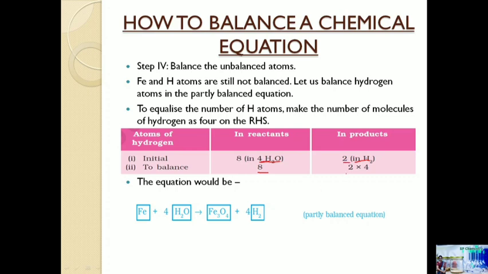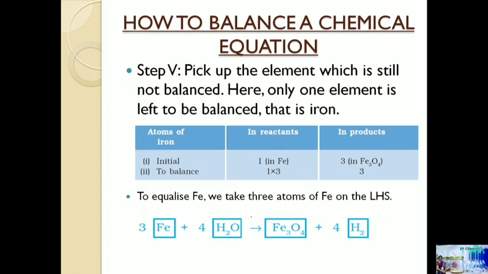So to make it 8, we have to multiply by 4 on the product side. Now oxygen and hydrogen are balanced. Still iron is not balanced.